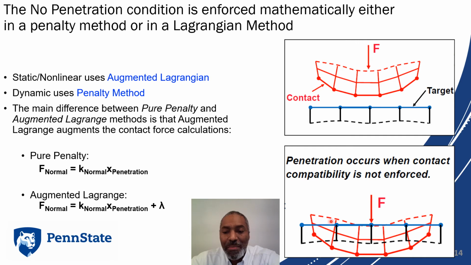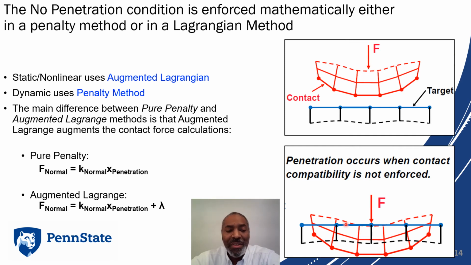If we have a mathematical representation of where each surface is, at any point we can calculate this depth, and if we know that depth, we assign some stiffness to it, and then we apply a fictitious load on this boundary to push it back to that level.